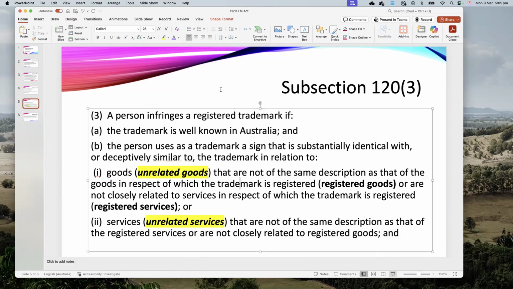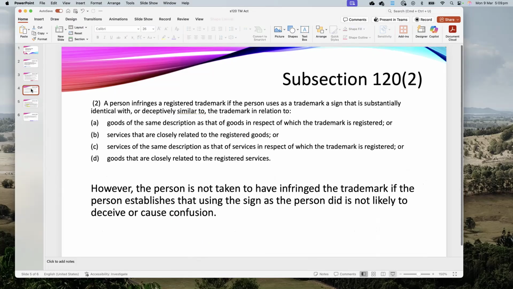And that will be the case in most situations because a trademark owner is only really going to bring an infringement action against somebody who's a potential competitor.